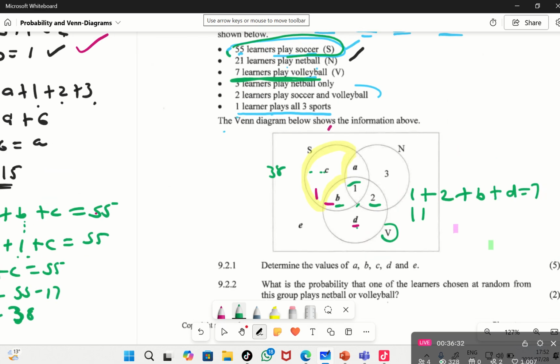We substitute: 1 plus 2 plus our B, which is 1. Our D is what we're looking for. 1 plus 2 plus 1 is 4. Then D will be 7 minus 4, which is 3. Are you happy with the value of D being equal to 3?